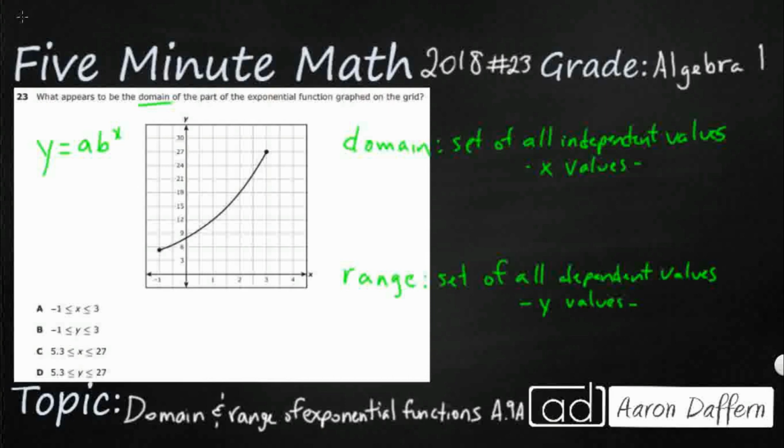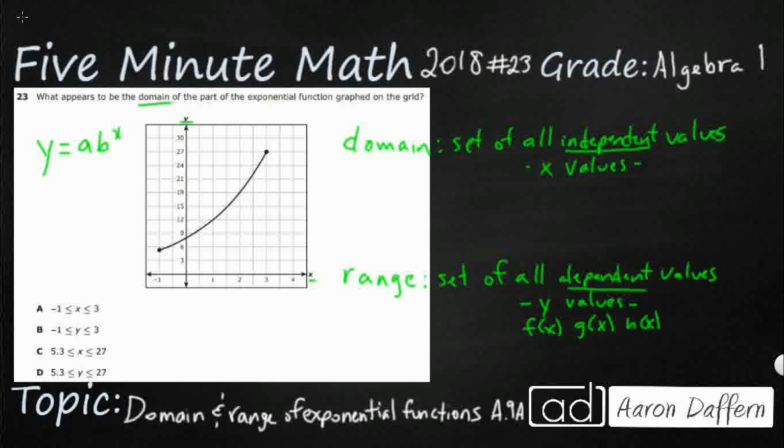In this case we have a very basic graph, x and y. But sometimes when we get a function, instead of the y we're going to get f of x, g of x, h of x, anything of x, to show that it's a function. So in shorthand, the range is the y values, but sometimes it's not just the y. That's why we call it our dependent variable values.